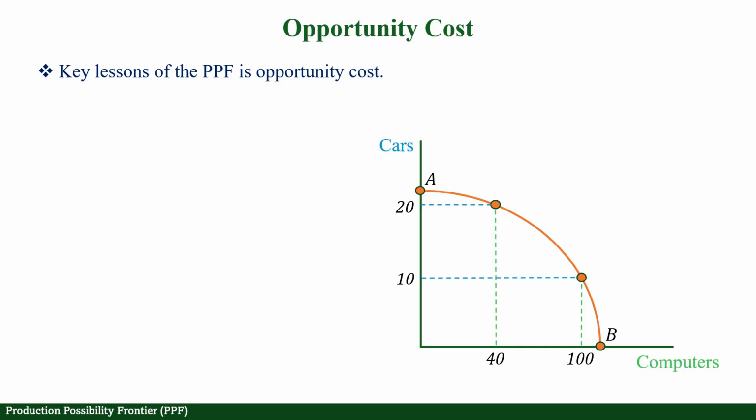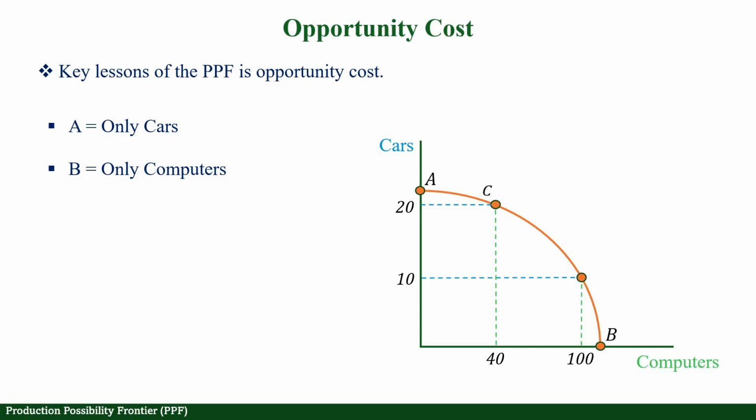Now, if we want to know the opportunity cost in terms of the production possibility frontier, we can again rely on that graph, and this is the key lesson of the production possibilities curve. If you want to produce more computers, you will have to give up some cars and vice versa. Let's say the point A. At point A, we are producing only cars, and at point B, we are producing only computers.